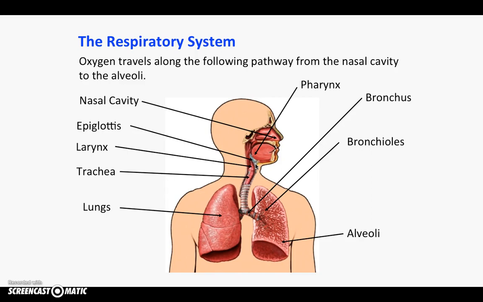All you need to know is that there are left and right lungs, and they allow oxygen to be drawn into the body. Then we have the bronchi, or bronchus, as this is called. The bronchi split into the left and right bronchi, and these branch off the trachea and carry air to the lungs.